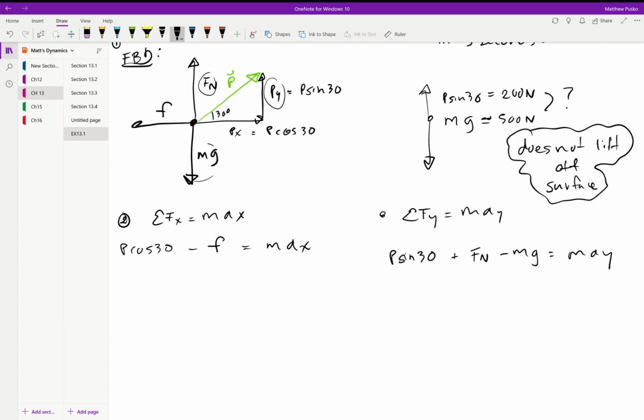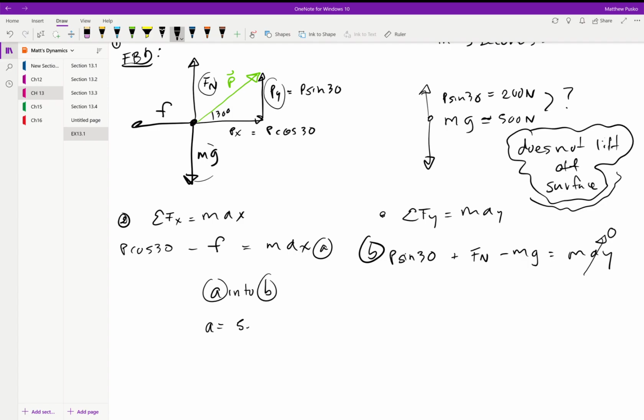Now since it does not lift, you can say this equals 0. Alright, this gives us two equations. Let's call them A and B because I've already used 1 and 2. A into B will give you the acceleration, and then you can find the normal force.